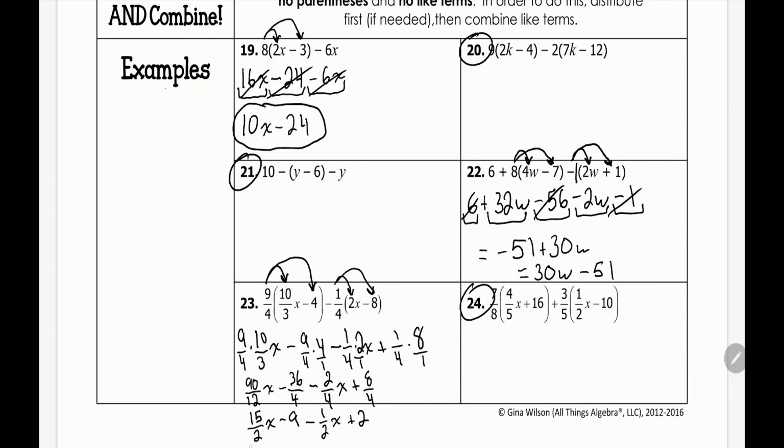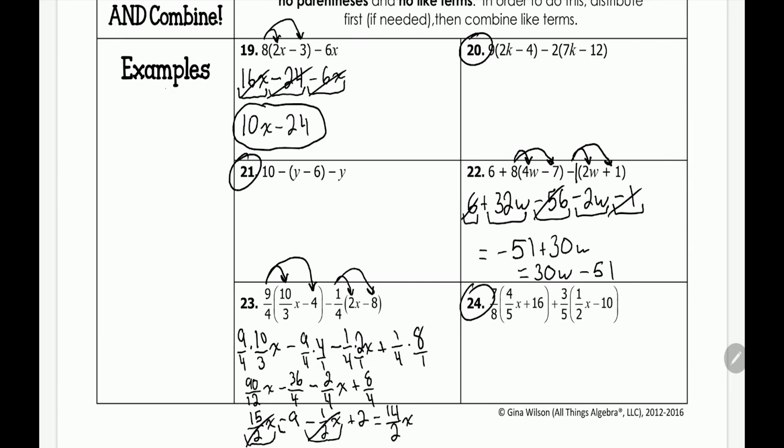And now we just have to combine like terms. So let's combine everything with an x. So that means that we have 15 over 2x minus 1 over 2x. So since they have a common denominator, we can just say what's 15 minus 1? Well, that gives us 14 over 2x, and we're done with these two.